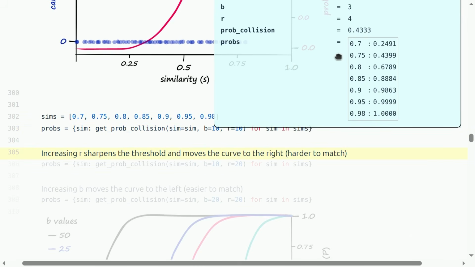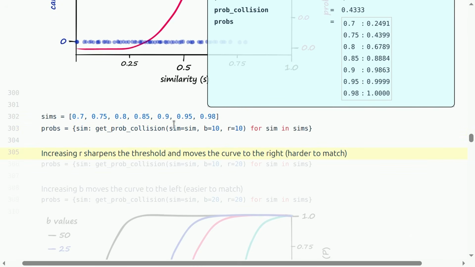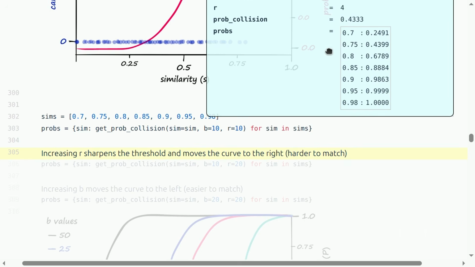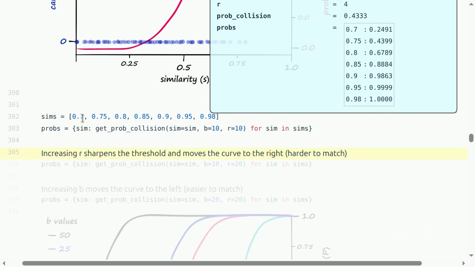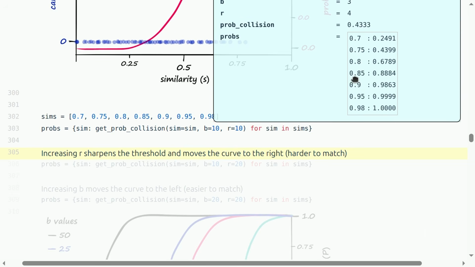Let's just look at some concrete examples. We have similarity 0.7 to 0.98, and we're going to look at B equals 10, R equals 10. So we look at the collision probability according to our definition, and this gives us a range of 0.25 to 1.